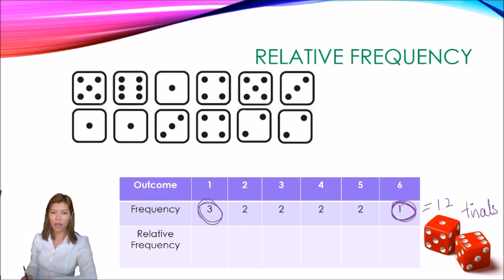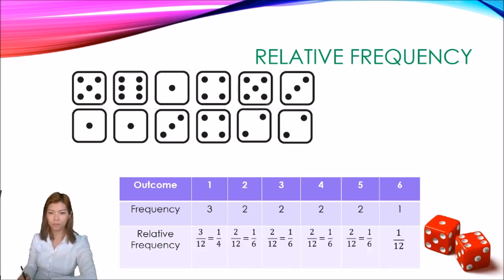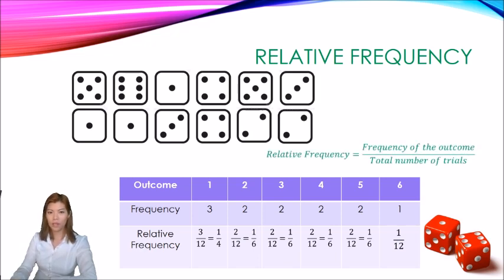So how do we write this? So we write this 1, we put it over 12. So the relative frequency is worked out by getting the frequency of the outcome, so the value at the top, and dividing it by the total number of trials, in our case 12. And make sure that you always simplify where possible.